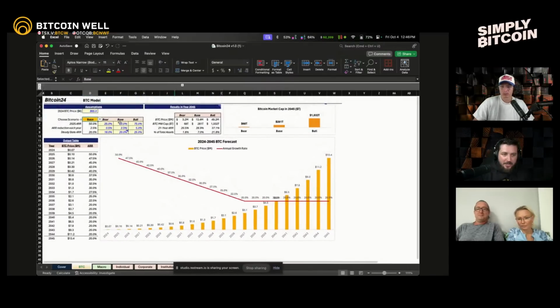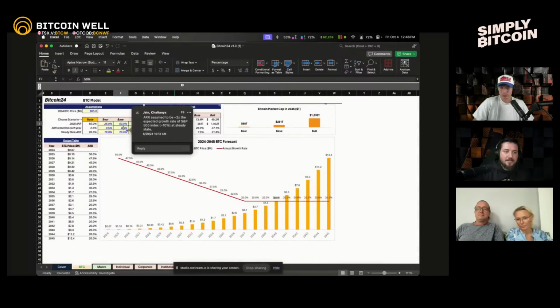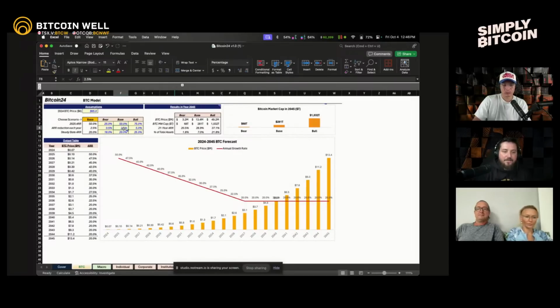And you can all mess with this. So you can actually plug in your own numbers. Now, the base case essentially assumes that the annual appreciation rate is 50%. However, that 50% annual appreciation rate actually decreases over time. So next year, instead of it being 50%, it will go down to 47%.